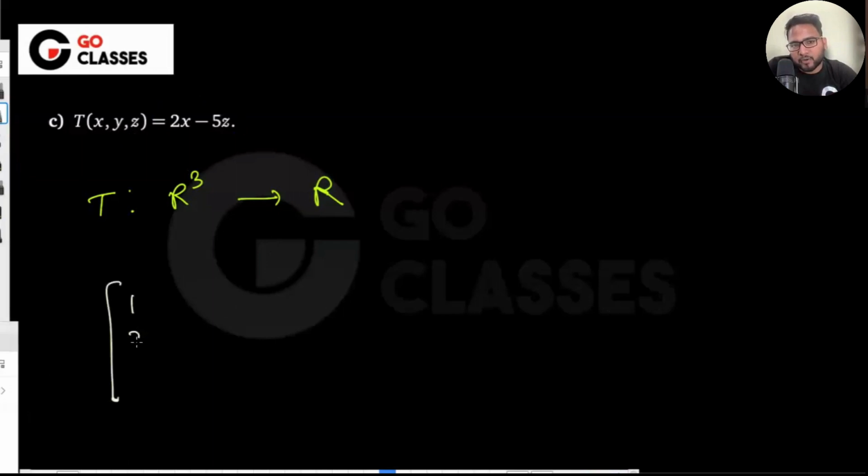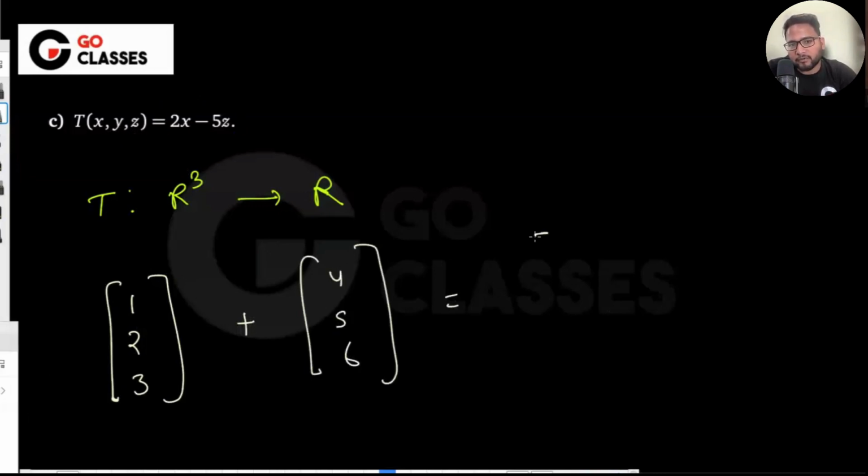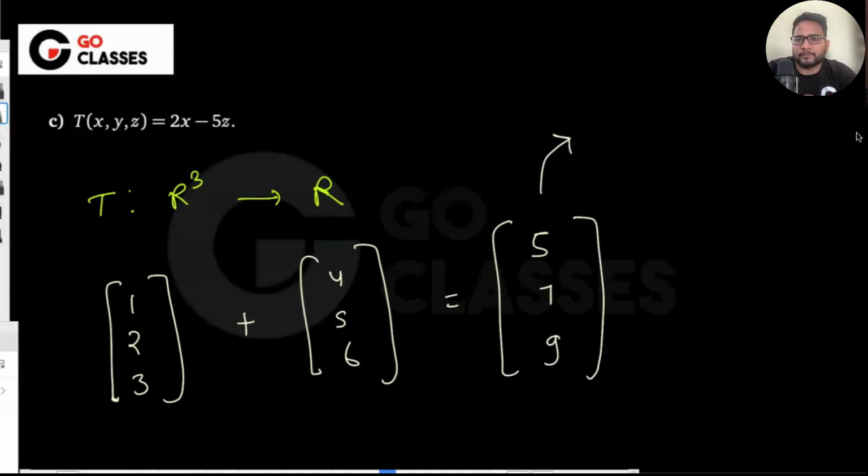Let's take 1, 2, 3 and 4, 5, 6. If you add them, you will be getting 5, 7, 9. Then the transformation of this is what? 10 minus 5 into 9, which is 45, which gives minus 35.